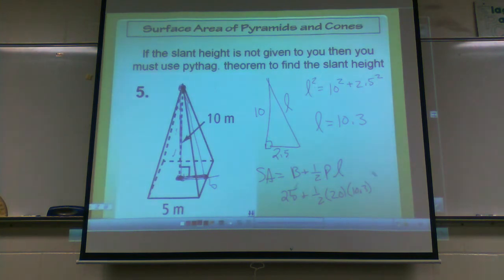So that should be 128, right? Half of 20 is 10, and then 10 times 10.3 is 103. It should be that.